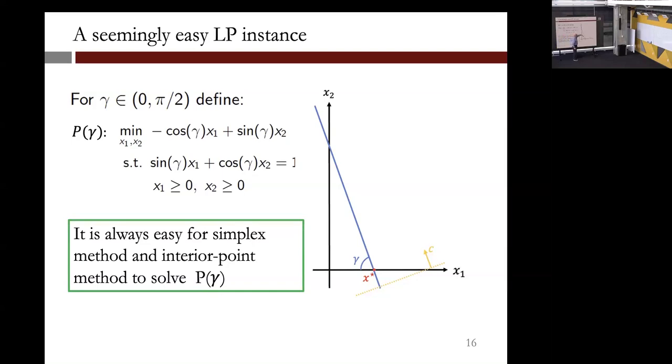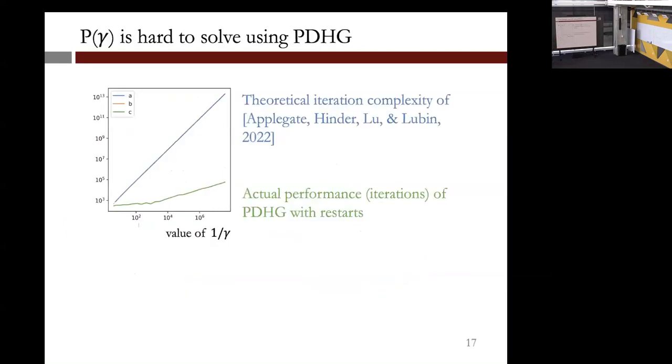You can imagine that as gamma goes to 0, this thing is going to flatten out and just get nastier and nastier to solve. This is a two-dimensional problem, actually one-dimensional, trivial to solve by our favorite algorithms. But this is going to be very difficult for PDHG, okay?